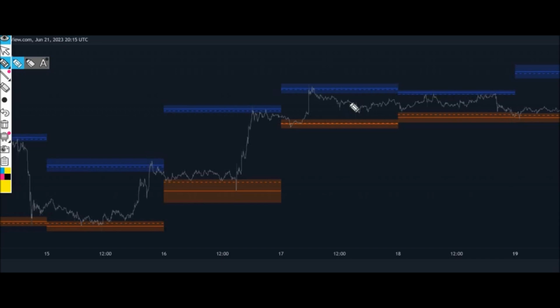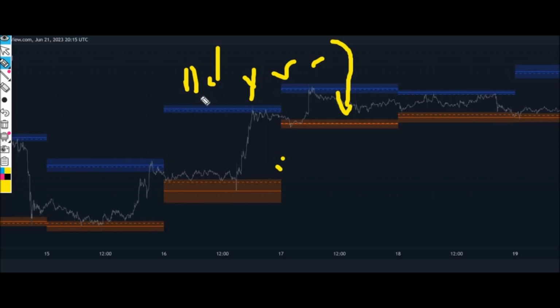Very great indicator. I will test this indicator on the live market and definitely tell you the results. Remember guys, just for clarification, I am just using the default settings, so you can change your supply zone to be in orange color, your demand zone to be in blue color. You can do all this under the settings. So explore everything about the settings and you're going to know more about this indicator.